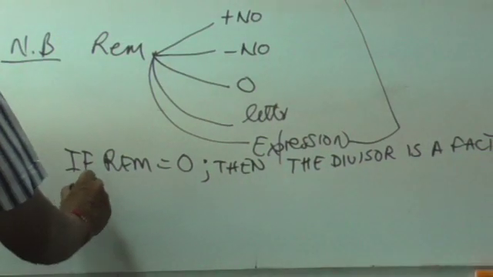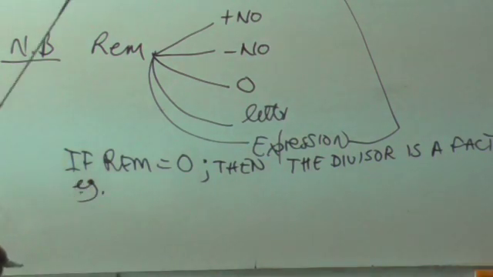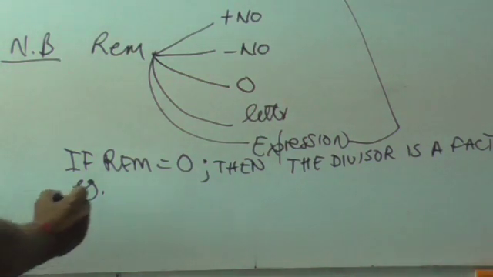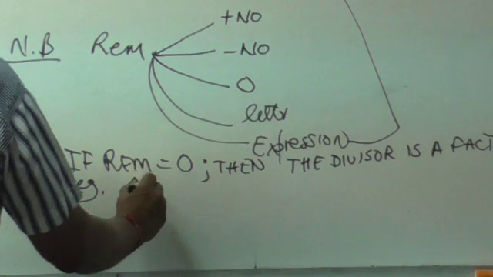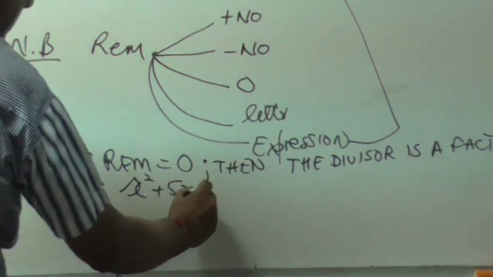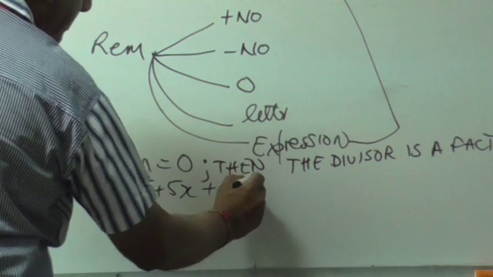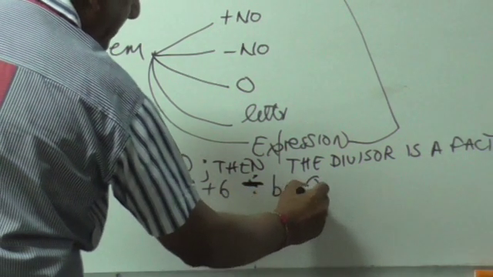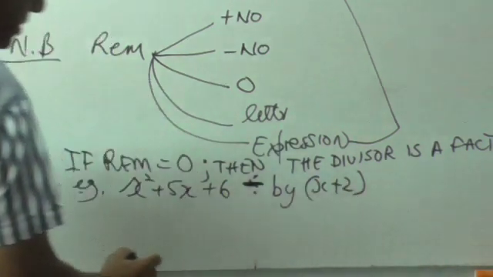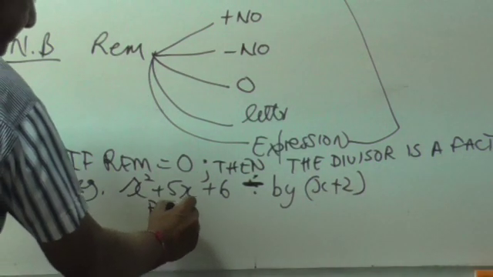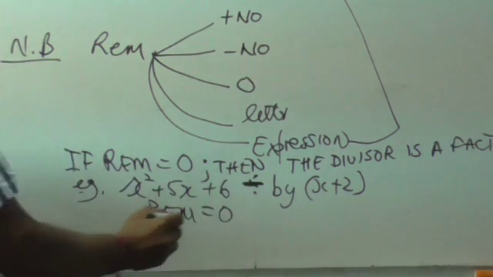For example, when we divided x squared plus 5x plus 6 by x plus 2, the remainder was 0.